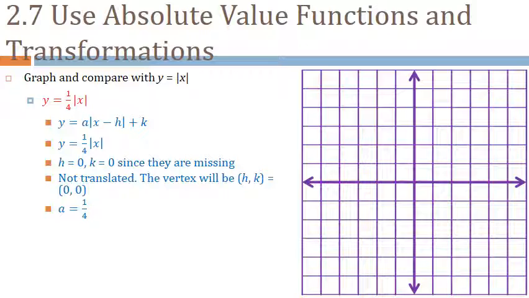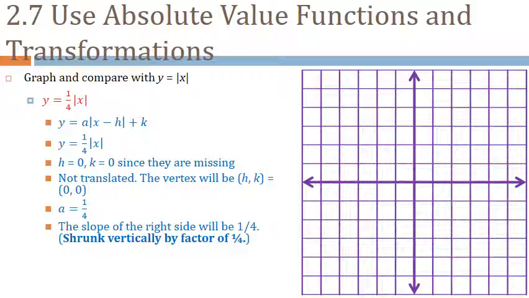And the slope of the right-hand side will be 1/4. So overall our graph is shrunk vertically by a factor of 1/4. So my vertex is 0, 0, and my slope of the right side is 1/4 to get my other points. And that's what the graph looks like. Notice it's squashed down.